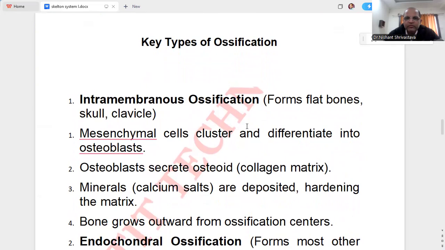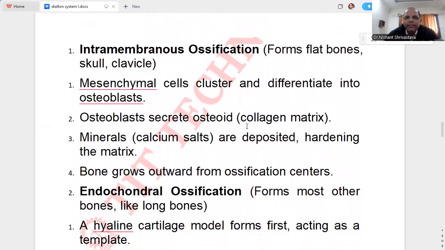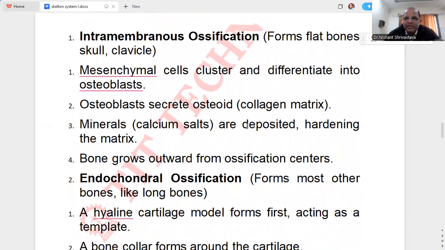So, the key types of ossification. First, intramembranous ossification. It forms flat bones, the skull, and the clavicle. Mesenchymal cells cluster and differentiate into osteoblasts.